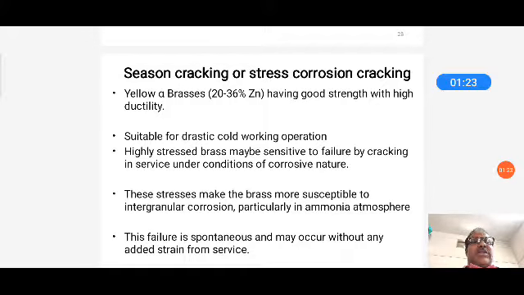The highly stressed brass may be sensitive to failure by cracking in service under conditions of a corrosive nature. The stress makes the brass more susceptible to intergranular corrosion, particularly in an ammonia atmosphere.